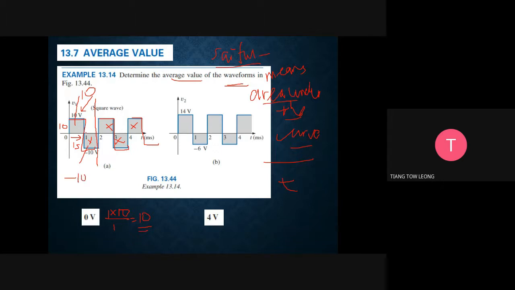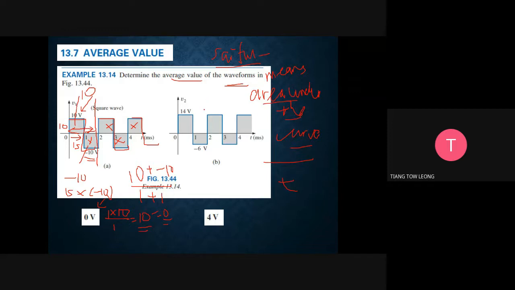Because 1 second times -10 magnitude. So 10 plus -10 divided by 1 second plus 1 second, because 2 seconds, right? So it becomes 0. So this is 0 for the average value. Boleh faham, eh? Boleh.